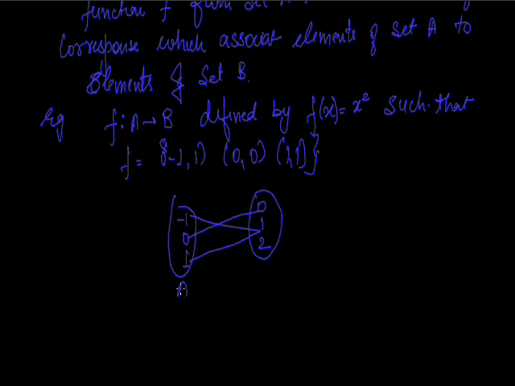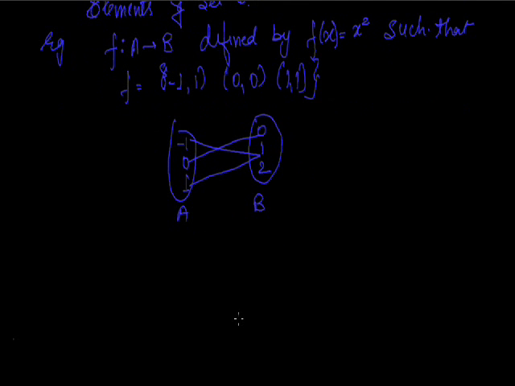That means this is set A, this is set B. Element of set A is related to element of set B. So this means this is a function in which element of set A is represented by element of set B. As in relations, in functions also we can find out the domain and the codomain.